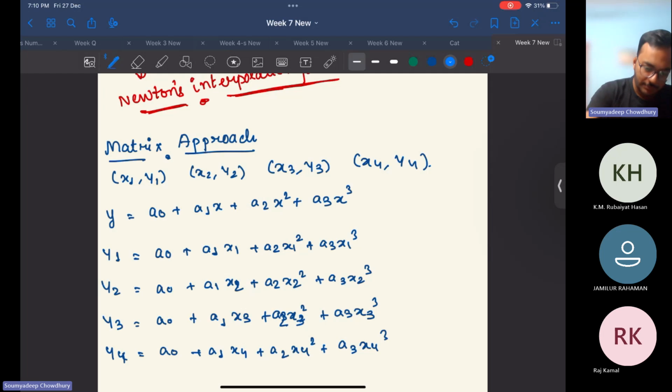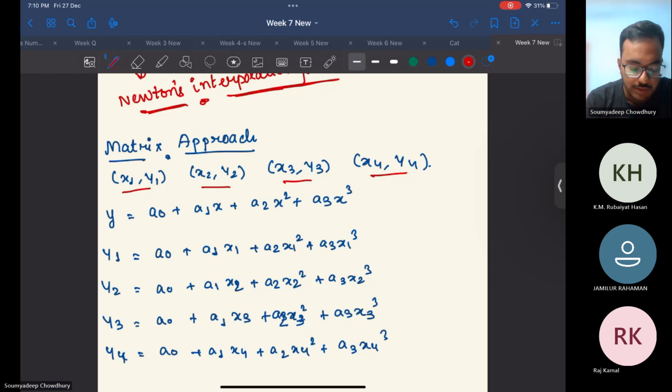So in the matrix approach, we write all the equations and then form the matrix. Suppose you have 4 data points, x1, y1, x2, y2, x3, y3, x4, y4. We have 4 data points, right? So y will be given by a0 plus a1x plus a2x square plus a3x cubed. Similarly, y1 will be a0 plus a1x1, and so on.